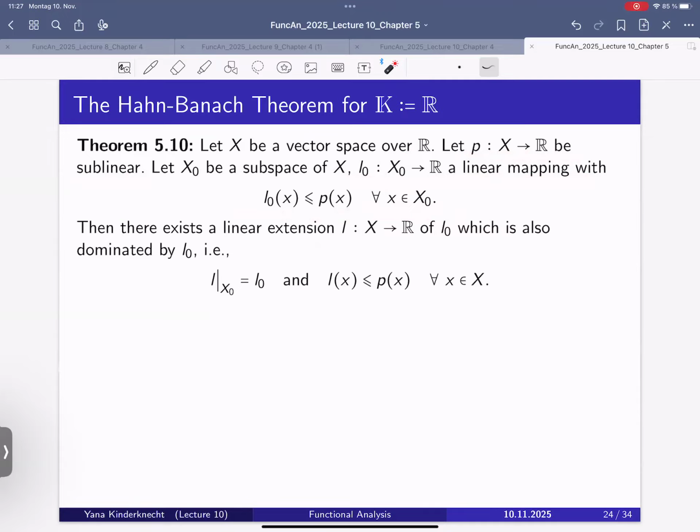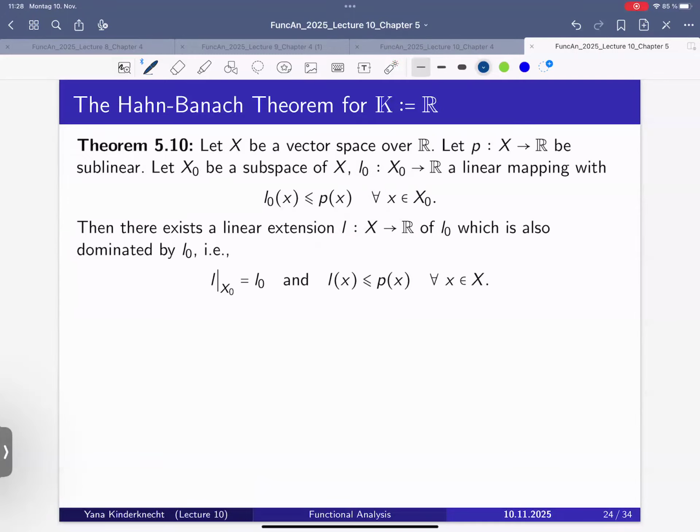So we have a linear mapping which is defined only on a subspace and is dominated by some sublinear mapping. The statement is that we are allowed to extend this linear mapping L0 to a linear mapping L on the whole space, which still remains dominated by P. Sorry, there is a typo.